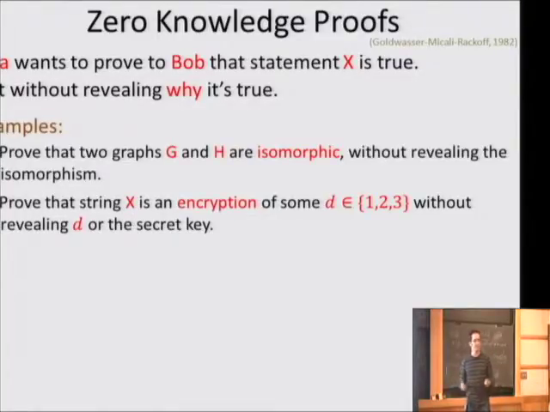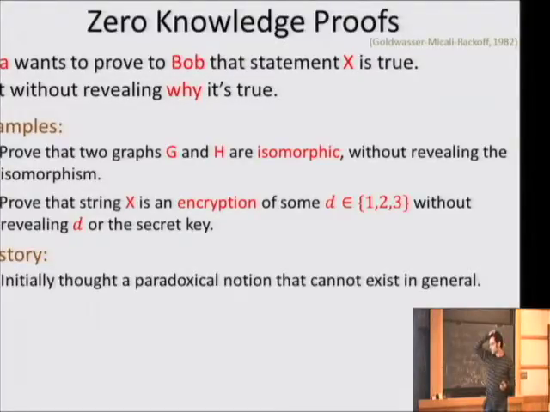Some canonical examples: say you want to prove that two graphs are isomorphic without giving away the isomorphism. This is Goldreich, Micali, Wigderson. And what's more similar to how people actually use zero-knowledge proofs is proving that some string is a valid encryption of a message, and maybe a message satisfying some properties.